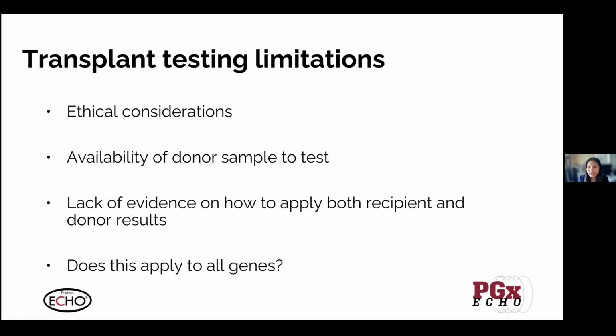And there's a lot of ethical consideration when it comes to transplant recipients or patients in general, like availability of donor samples and who has ownership of those results from the donor, lack of evidence on how to apply both recipient and donor results, and how this applies to all the pharmacogenes that we currently have guidelines for.